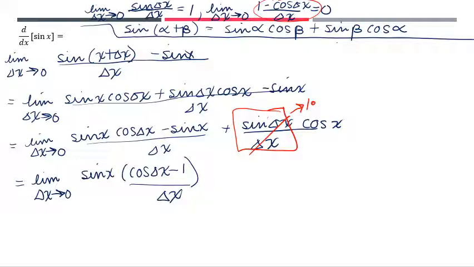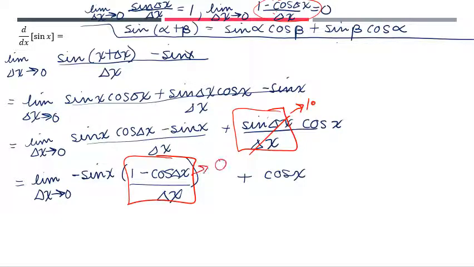But if instead of pulling out a positive sine x, I pull out a negative sine x, what's in here becomes 1 minus cosine delta x. And I still have my cosine x at the end. Based on this identity, that just goes to 0.